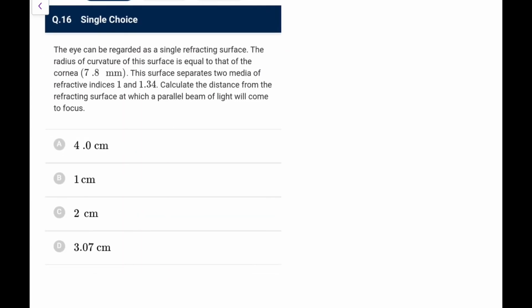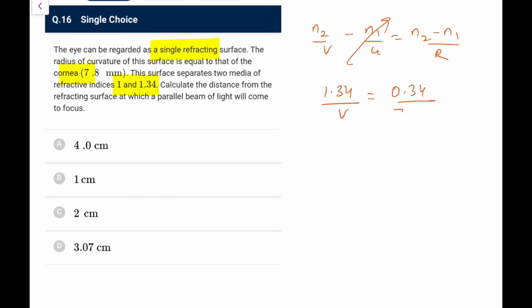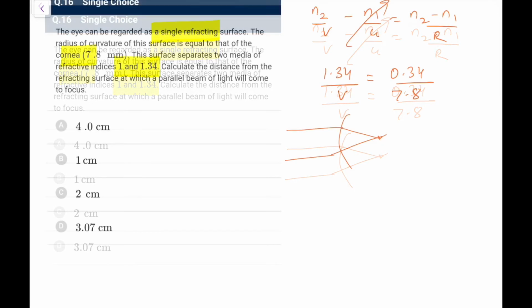Next, the eye can be regarded as a single refracting surface. The radius of curvature at this surface is equal to that of the cornea. The surface separates two media of these refractive indices. Calculate the distance from the refracting surface at which a parallel beam of light will come to focus. So just apply the equation n₂/v minus n₁/u equals (n₂ minus n₁)/R. So u is infinity, n₂ is 1.34 upon v is 0.34 upon R. Let's say 7.8, it will be positive because we know it is like this. So the diagram will be something like this.